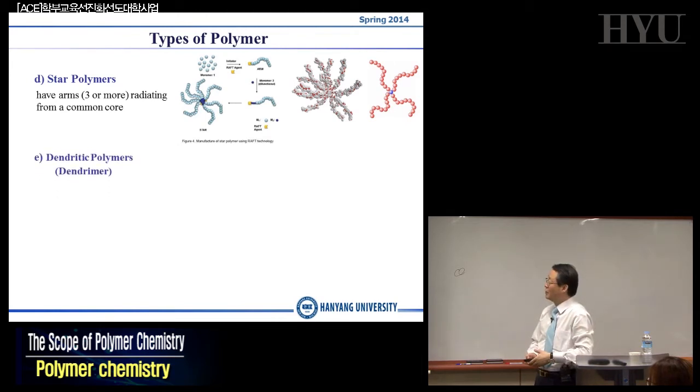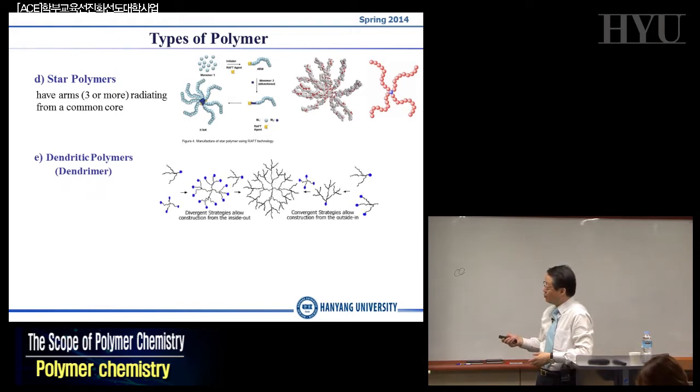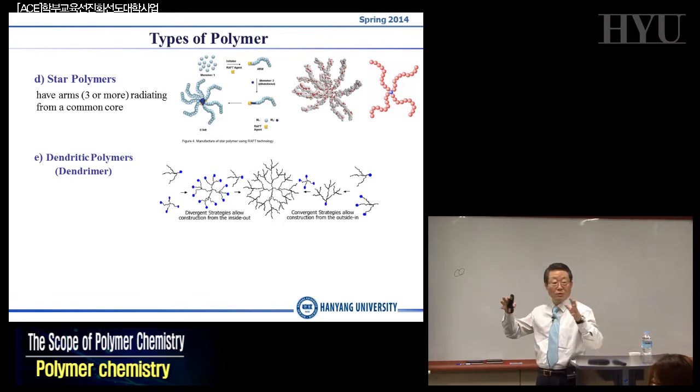We have the dendrimer. A dendrimer is very similar to the star polymer, but you have a growing chain, which is represented as a blue star. The blue points will grow, and it will look something like this. It's similar to the star polymer, but a little different because you have other types of growing polymers.